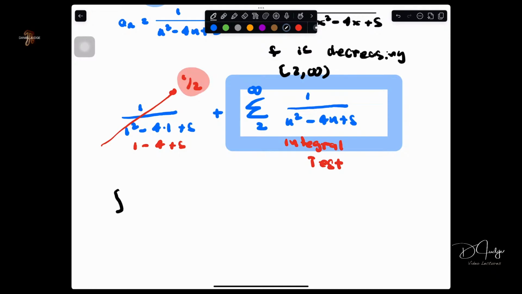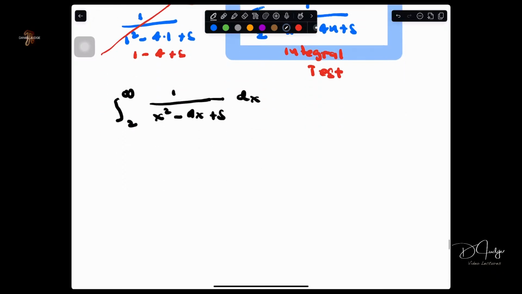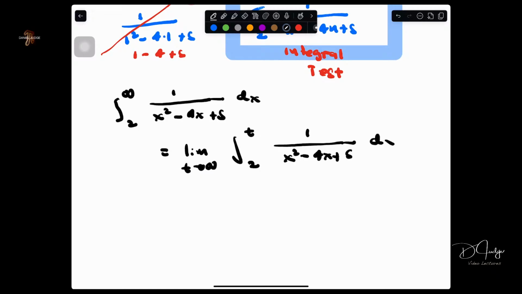So now let's work with this. We're going to integrate from 2 to infinity 1 over x squared minus 4x plus 5 dx. This is our improper integral, which will be the limit as t goes to infinity of the integral from 2 to t of 1 over x squared minus 4x plus 5. I'm writing at an angle here at home, not very good, so let's try to do a little better.